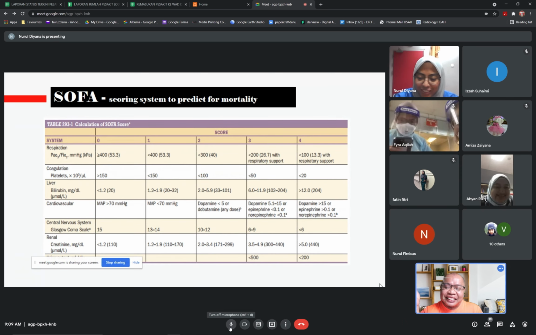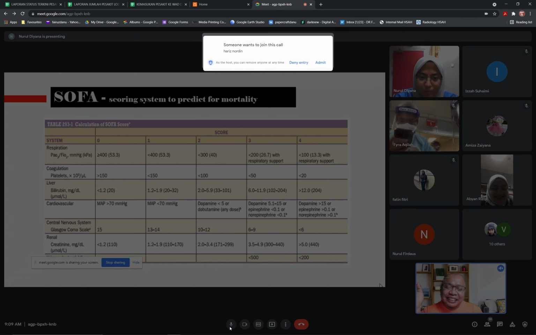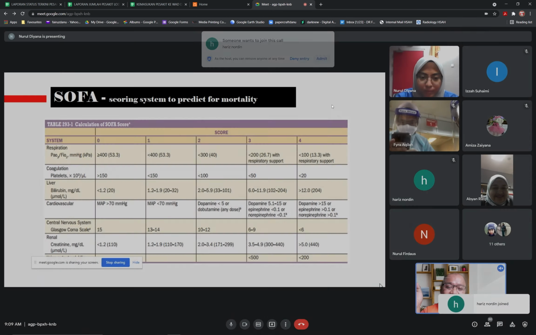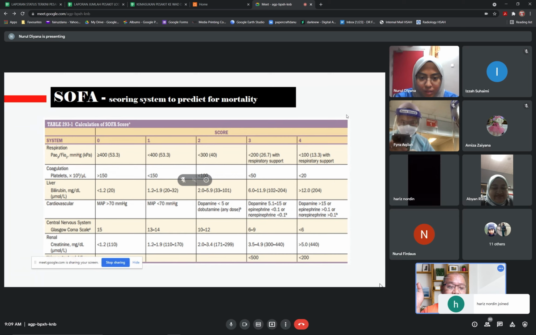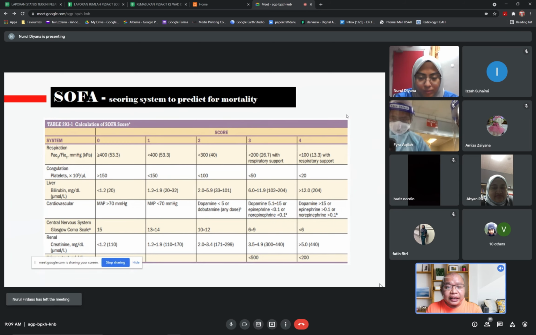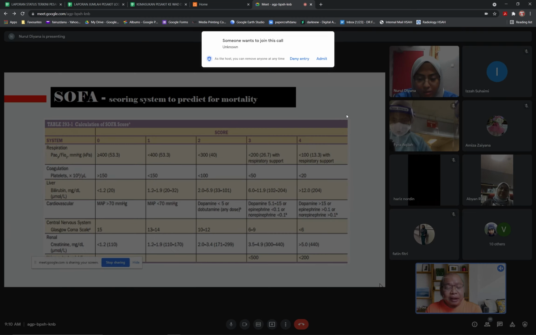So the SOFA score is only calculated for patients with sepsis. Because in the Surviving Sepsis guidelines, if you look at the progression of the first and second guidelines, people tried to define what infection is. That's why they came up with SIRS and everything. But what they realised is that SIRS doesn't define sepsis.